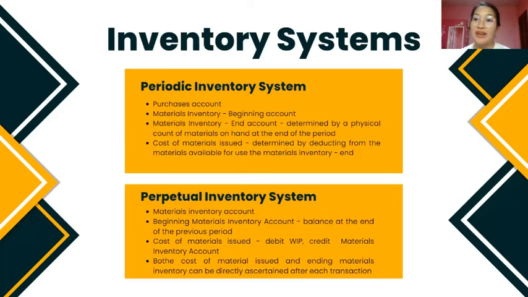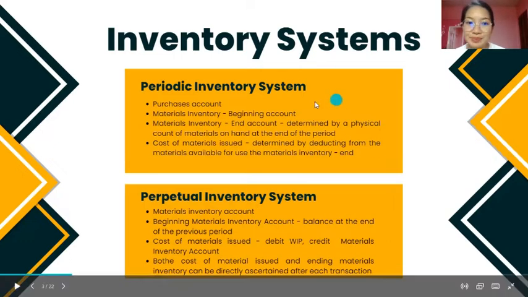Okay, so the inventory systems. So there are two. Again, for periodic, we have a purchases account. If we purchase a material on account, the entry is debit purchases and then credit accounts payable. And then under periodic inventory system, we also have a materials inventory beginning account.